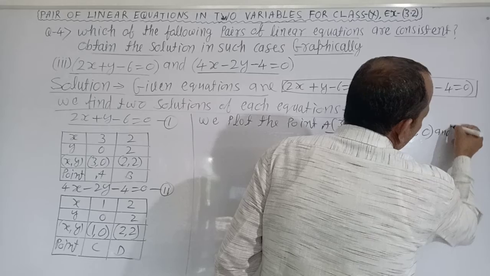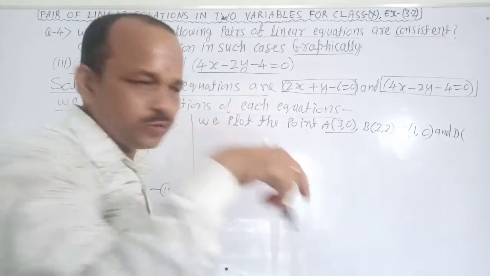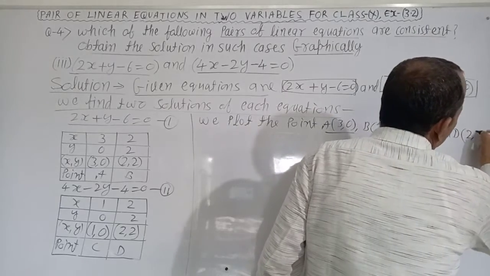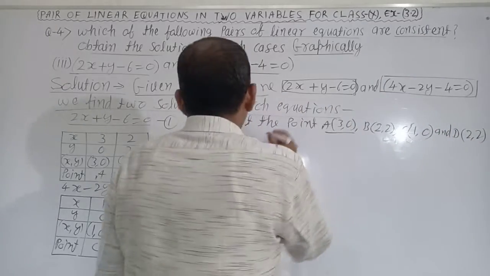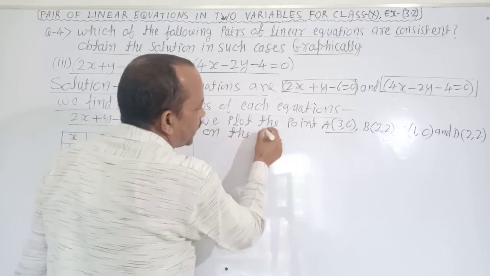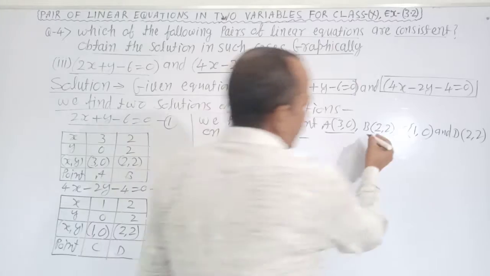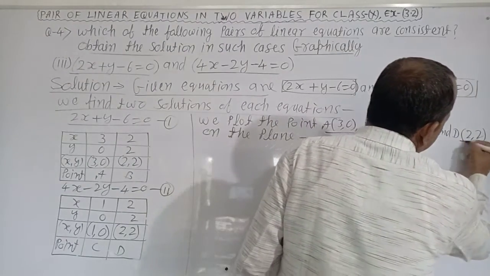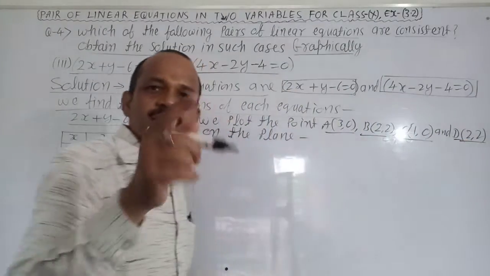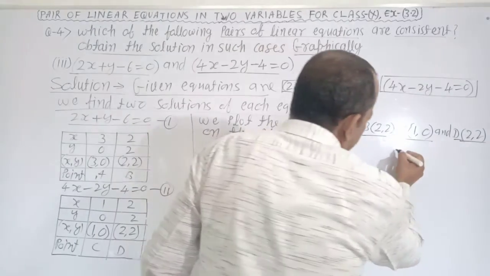And point D, coordinate 2 and 2. We plot the points A, B, C and D on the plane. Clear? It is your Cartesian plane.